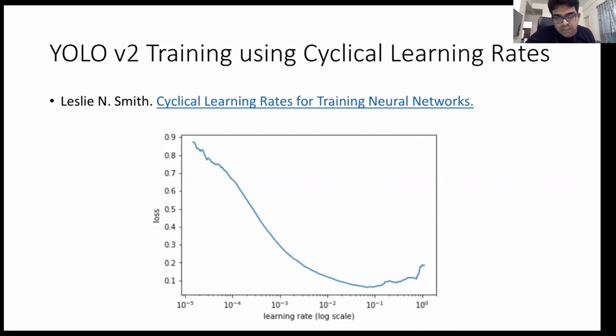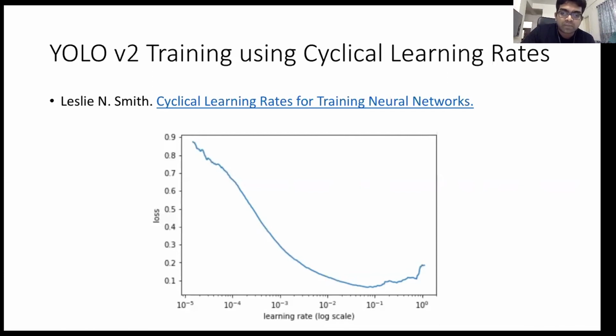In the example here, from 10 power minus 5, we exponentially increased our learning rate, and we see that at around a learning rate of 1, the loss is increasing, and that's when we stop. We come back, visualize this graph, and see that at 10 power minus 1, my loss has started to increase where I want it to decrease. So I don't look at 10 power minus 1, I just go a step before.